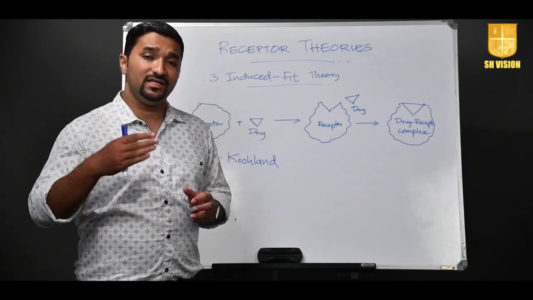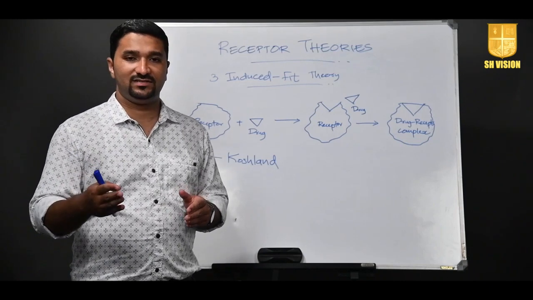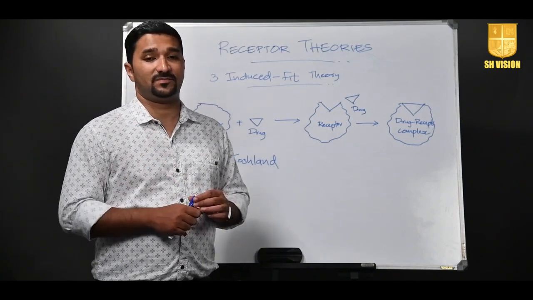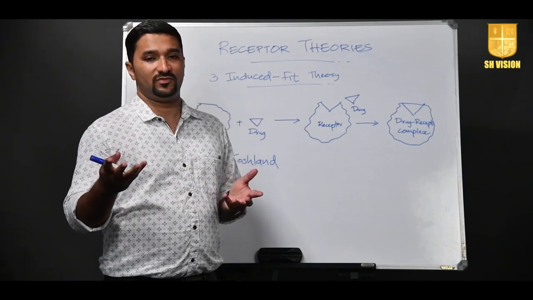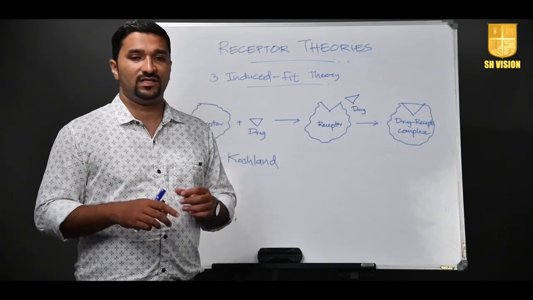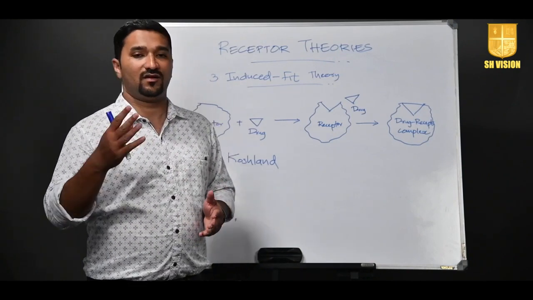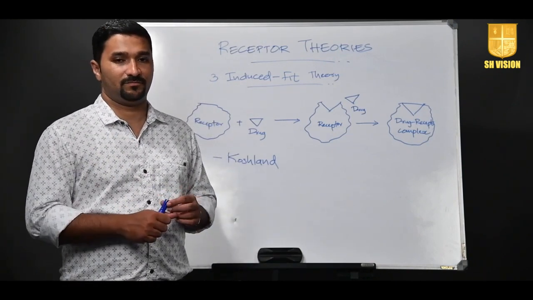And the drug will induce a conformational change, giving a proper orientation to bind with the receptor, which will in turn give you the biological response. The important point is that the drug will induce a conformational change on the receptor.